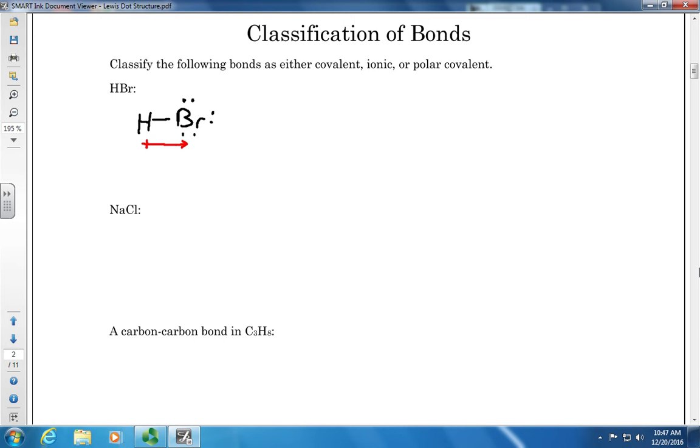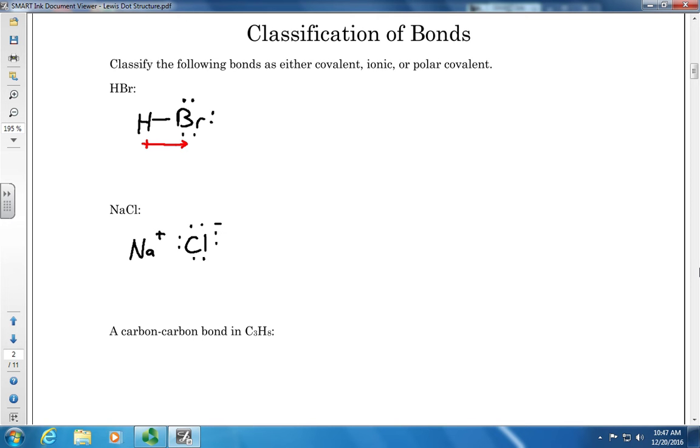Even if you were to write this out, sodium has 1 valence electron and chlorine has 7, that's a total of 8, you would end up having Na plus and a Cl with 8 electrons surrounding it and a minus charge. So this is an ionic bond.